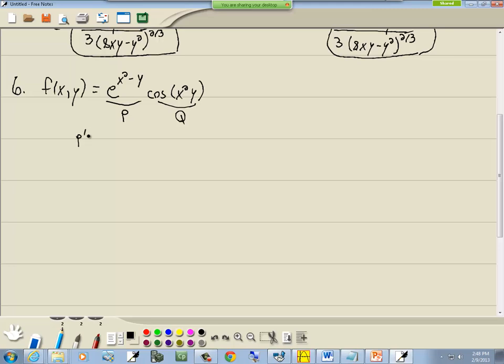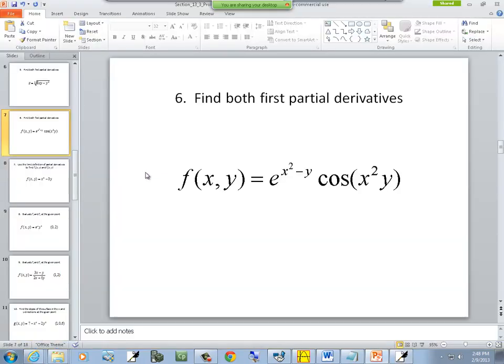P prime. Again, I'm taking the derivative with respect to x, so the derivative of e to a power is e to the power, that doesn't change, times, oops, there should be a y, I think, assuming my eyes didn't get off. Yeah.